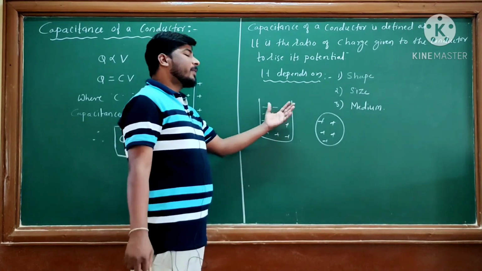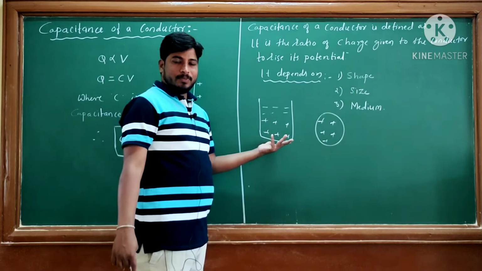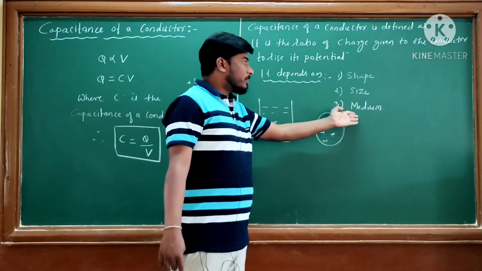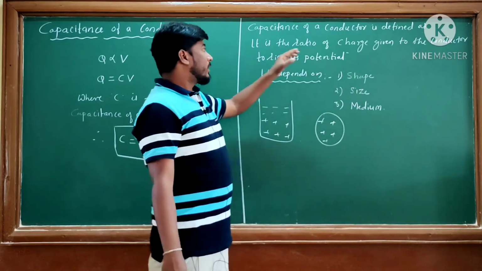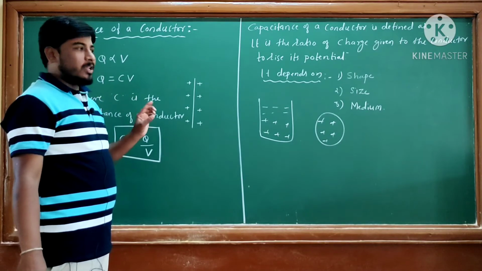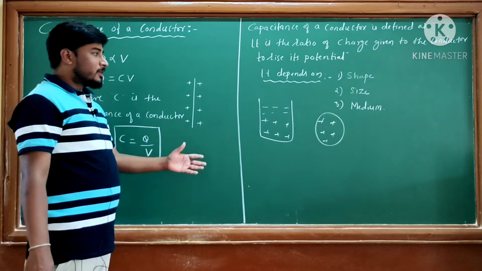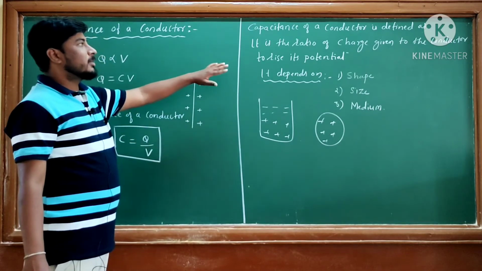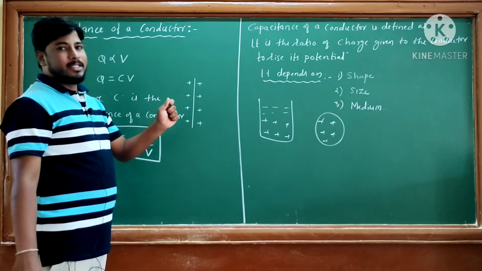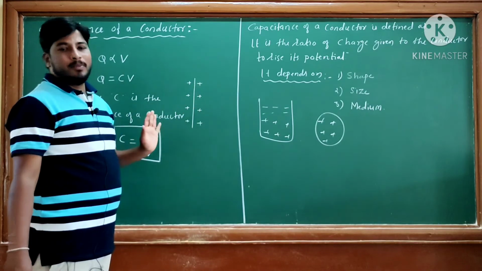Suppose it is filled with some liquid, so its capacity changes. So based on the medium, size, and shape, the capacitance of the conductor depends. So the capacity of different conductors is different. That is why we say that capacitance of the conductor is the ratio of charge given to the conductor to raise its potential, and it depends upon the shape, size and medium.